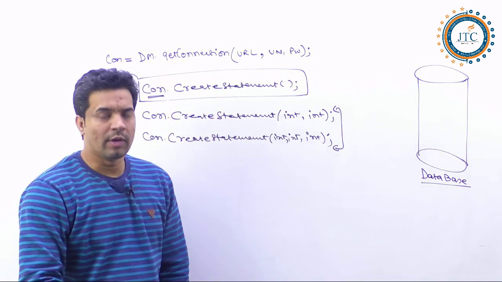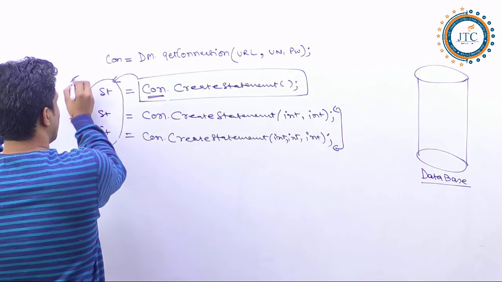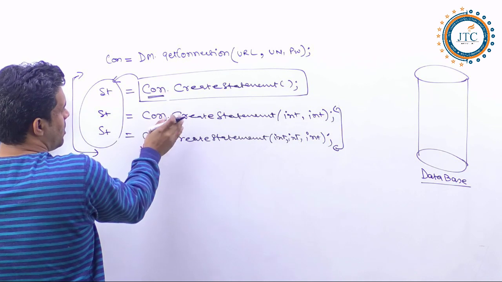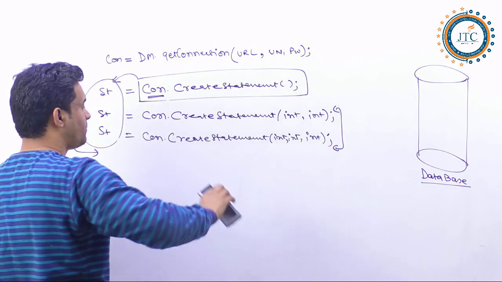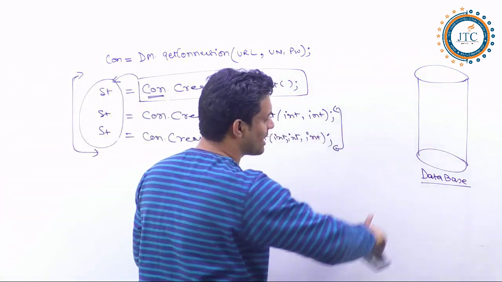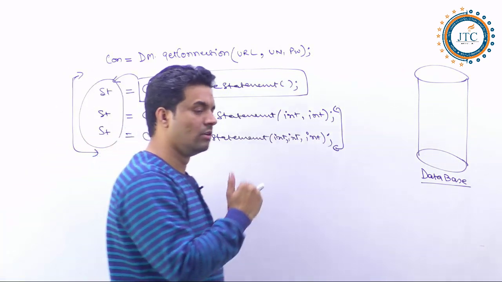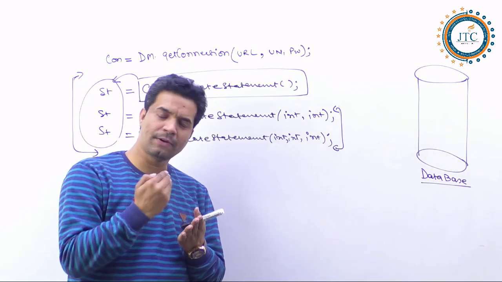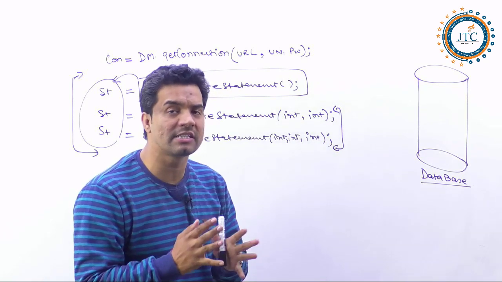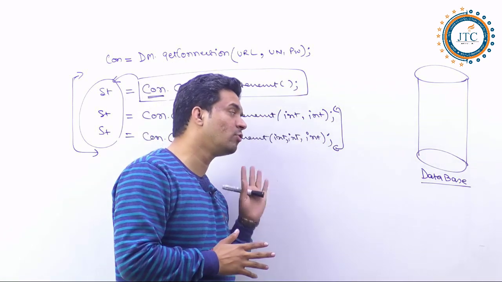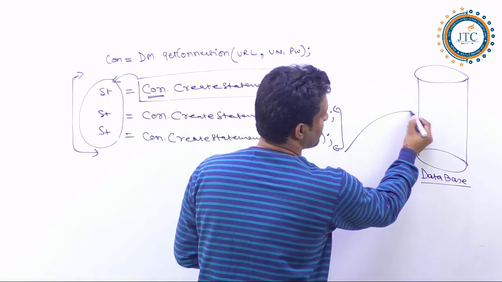Now you have seen the three ways to get the statement object. Another concept is that you can submit queries to the database with the help of the statement object in different ways. For different types of queries there are different methods available inside the interface, and with the help of those you submit the query to the database.